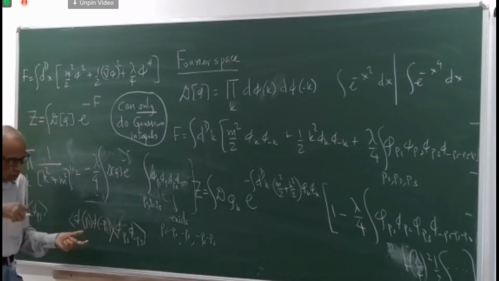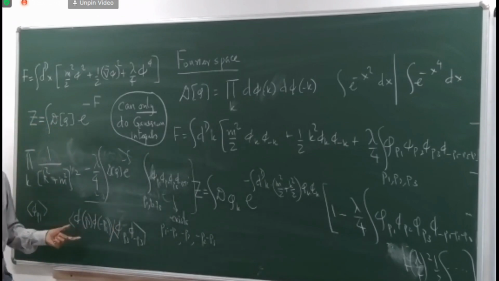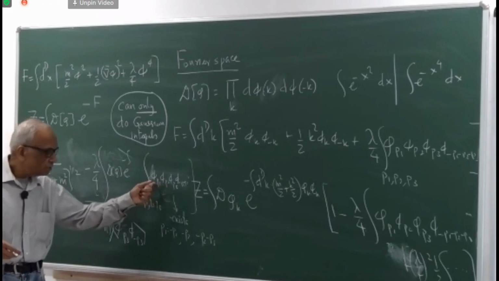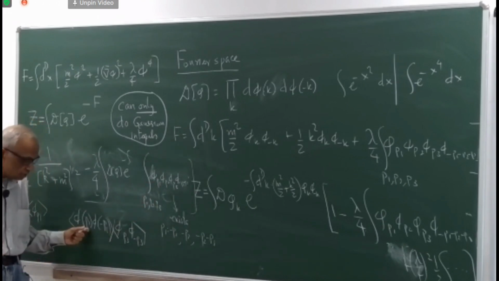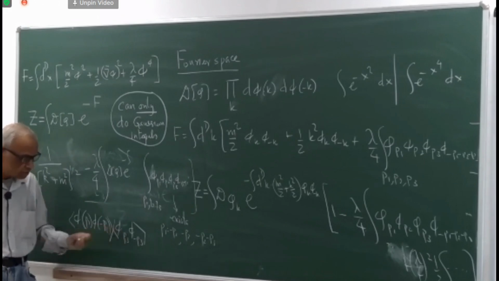So the only non-zero option left for you is to pair them, and if you pair them, then automatically this has to become this and this has to become this.